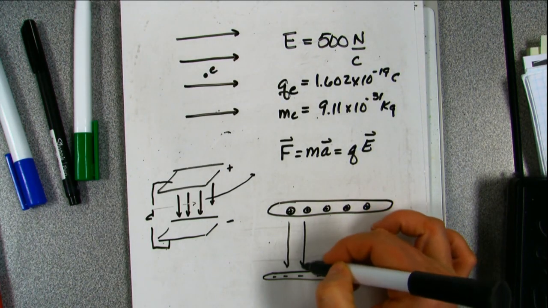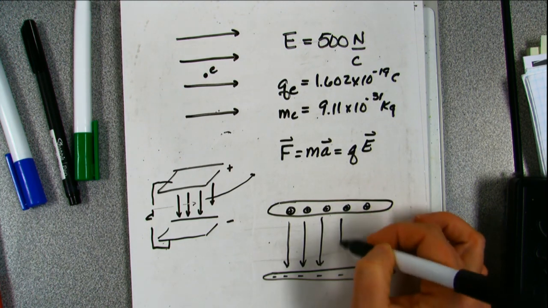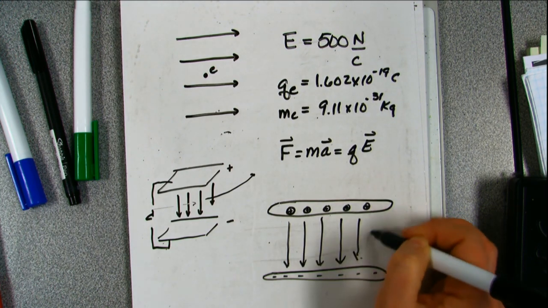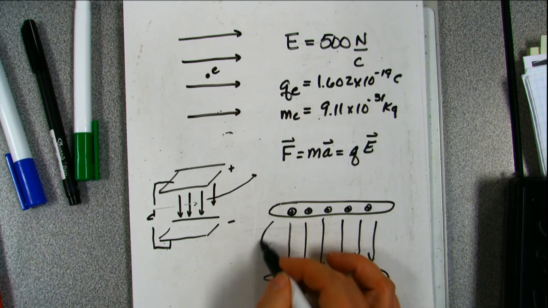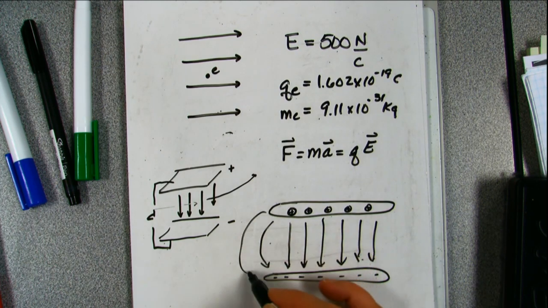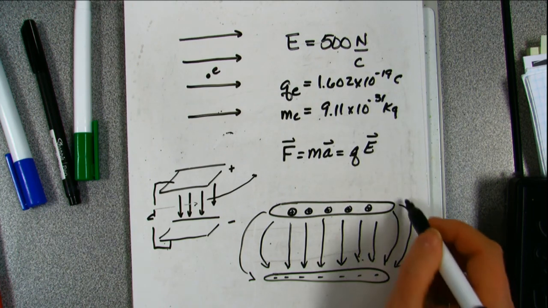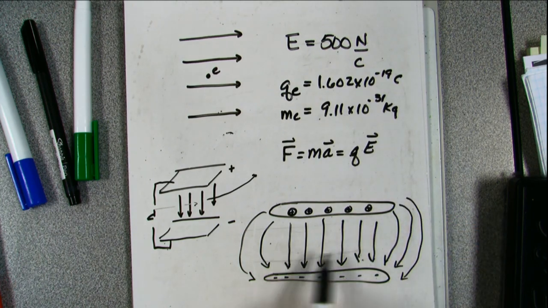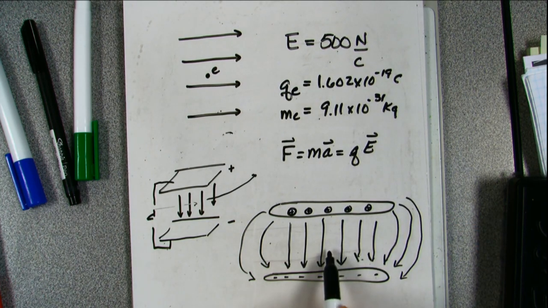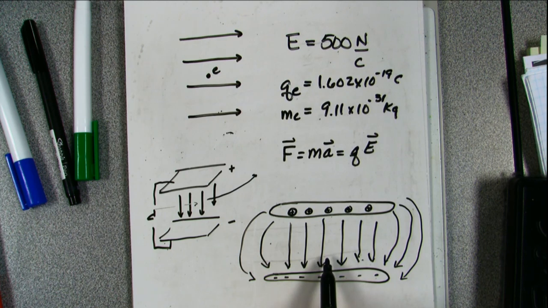As long as I was in here, I got a nice uniform electric field. Now, if I started coming out to the edges, I got something that we call edge effects. But as long as I'm in here, I get a nice uniform electric field. Really nice, so it's really easy to generate a uniform electric field.